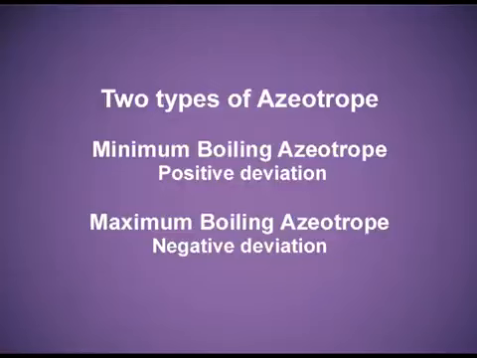Further, azeotropes are again classified as maximum boiling azeotrope and minimum boiling azeotrope. The minimum boiling azeotrope is shown by the solutions showing positive deviation, and the maximum boiling azeotrope is shown by the solutions showing negative deviation.